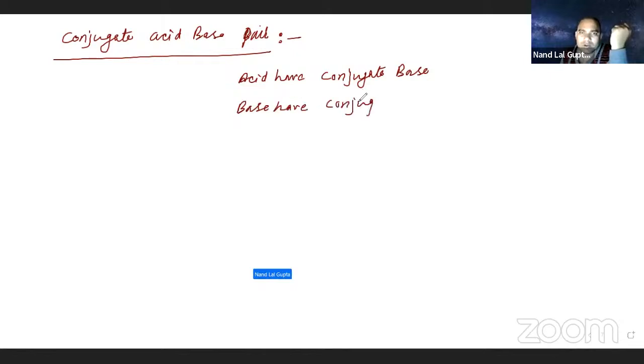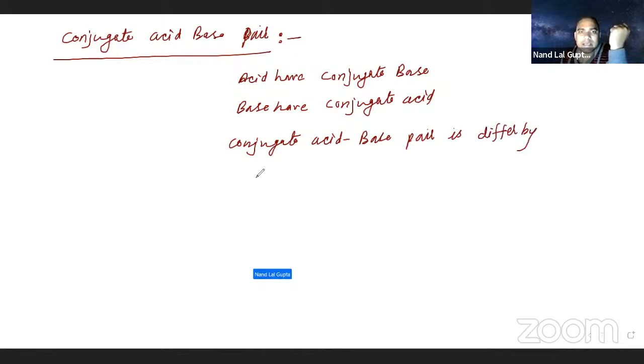Next point: a conjugate acid base pair differs by only what? It differs by H plus ion only.